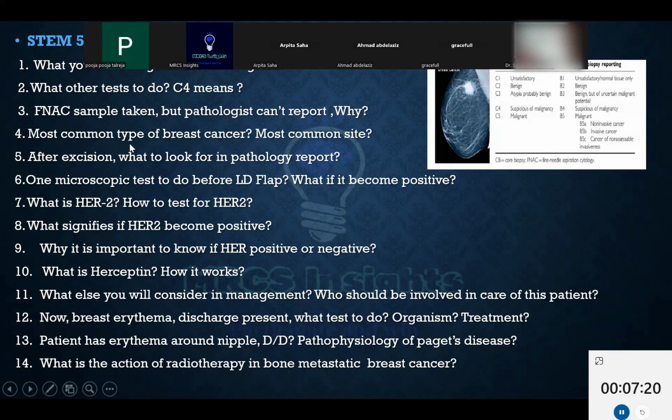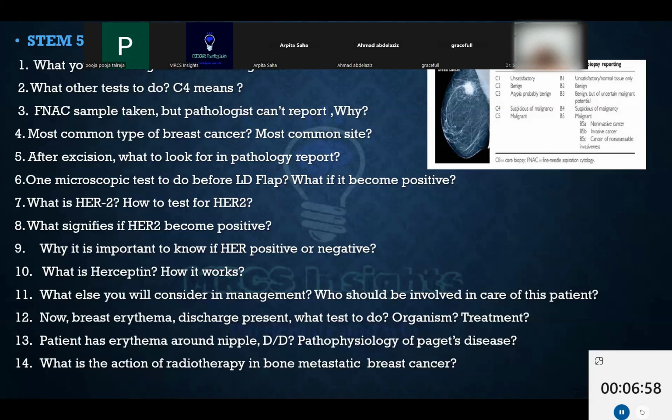Okay. So what is the most common type of breast cancer? It's invasive ductal carcinoma. And what is the most common site? Upper outer quadrant. Very good. Now, after excision, what to look for in the pathology report?